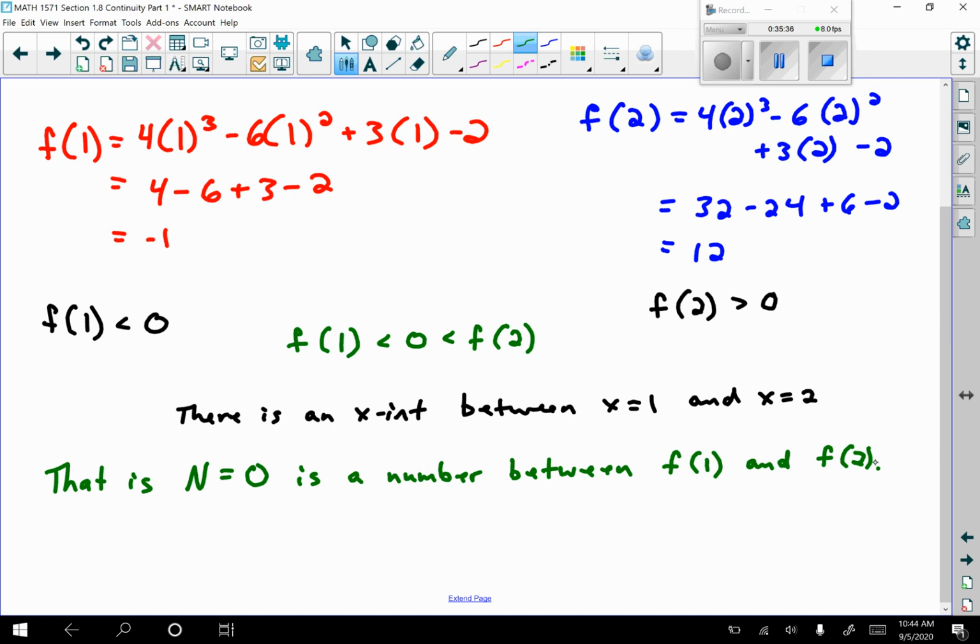Now f is continuous, so that was that stipulation. So now f is continuous since it is a polynomial function.